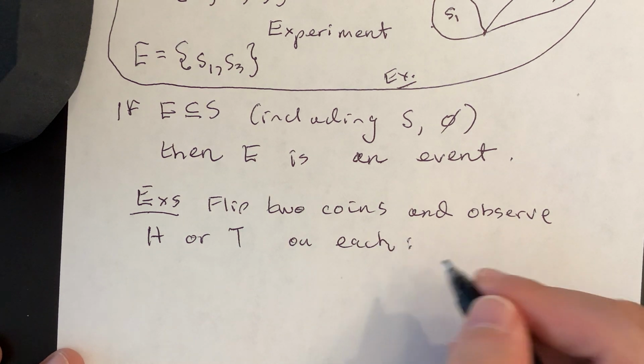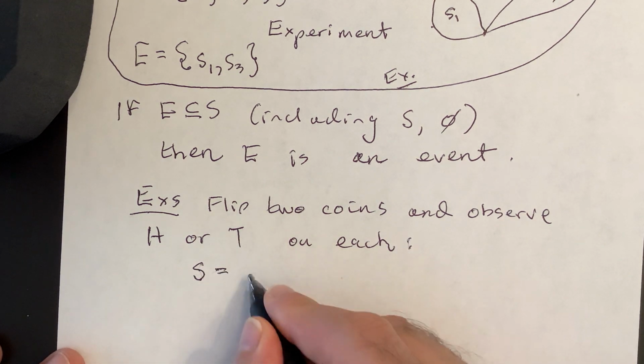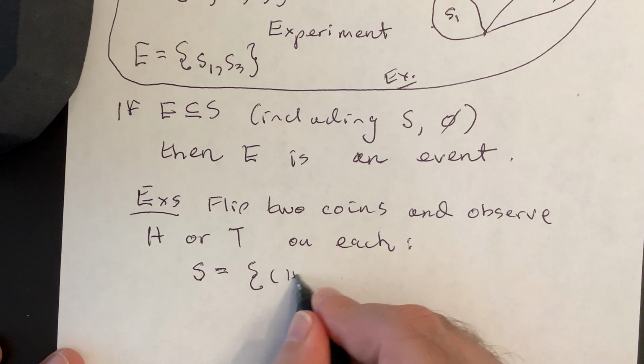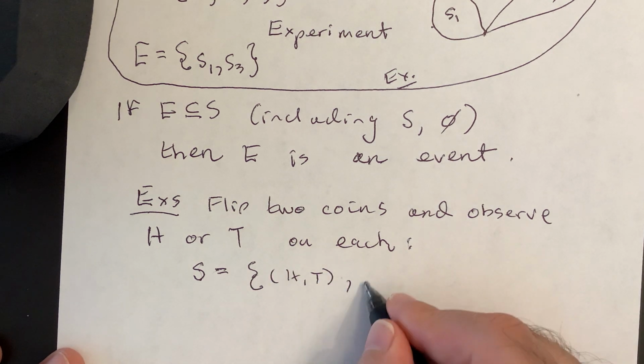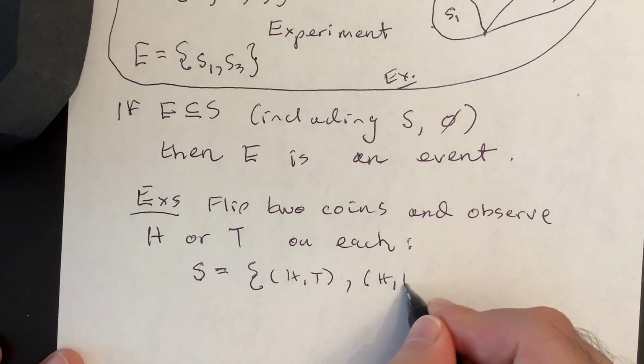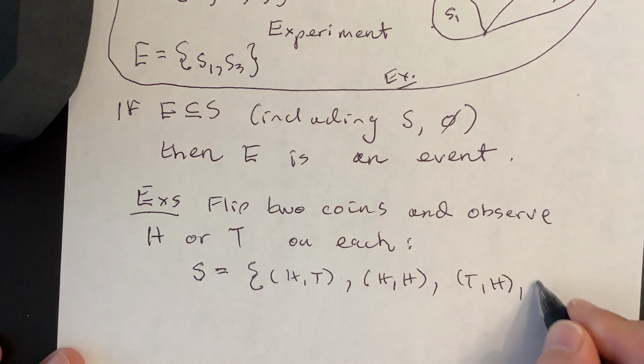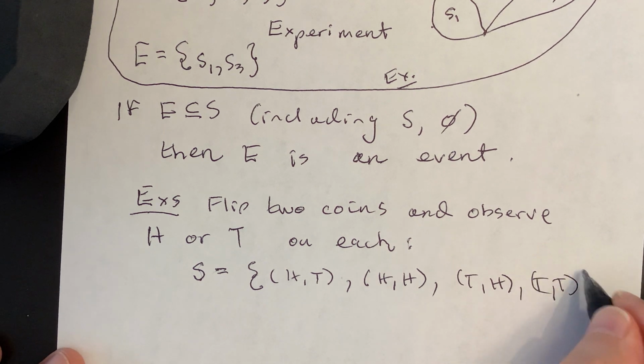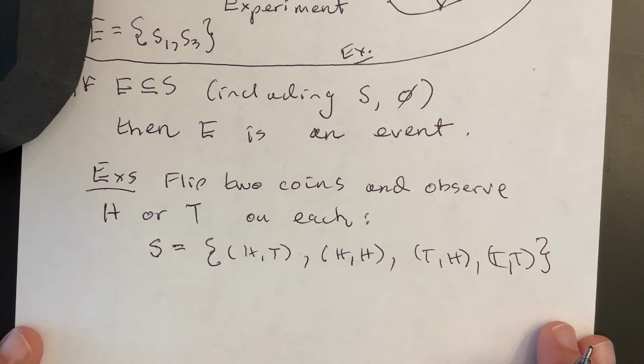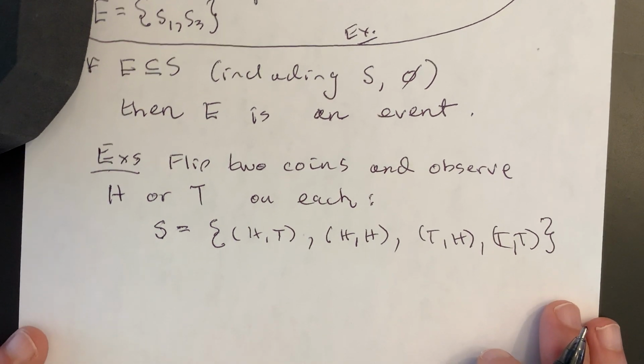Then we could write S as the set of pairs, where I'm using the first entry to mean the first coin. So that would be the sample space.